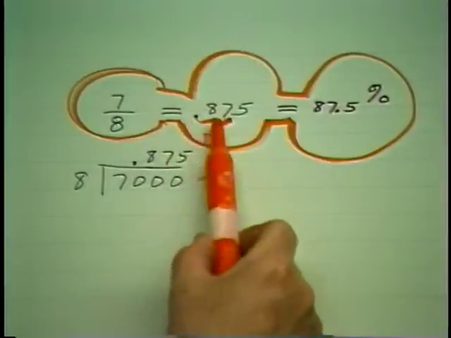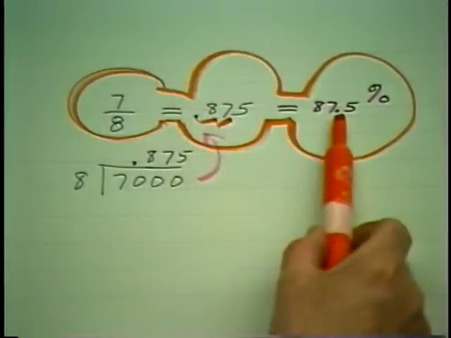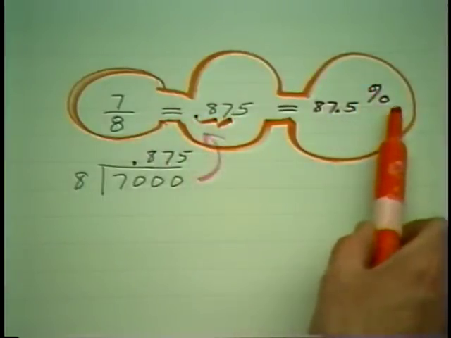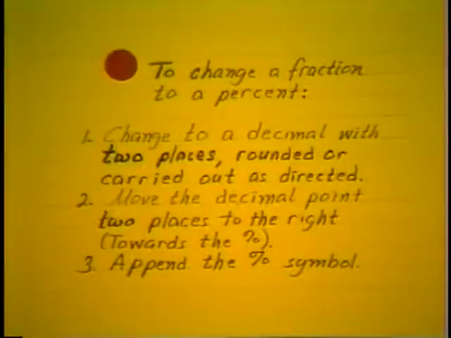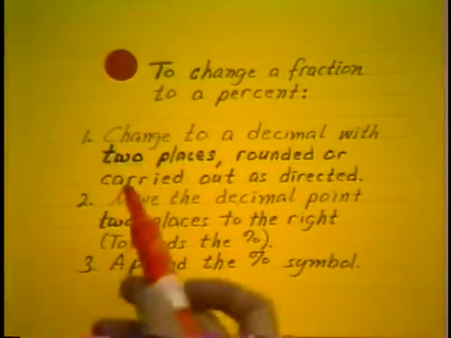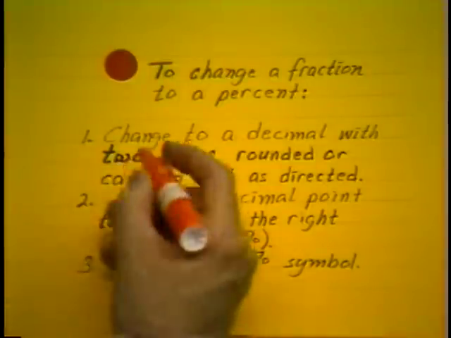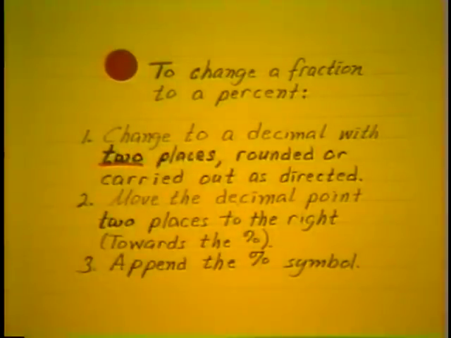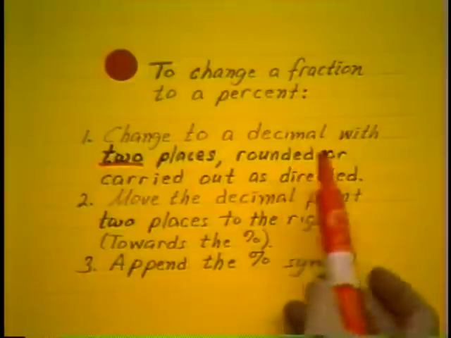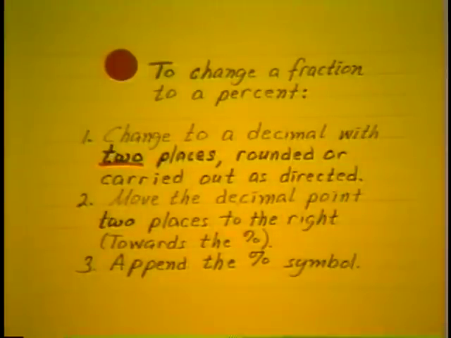Then move the decimal point 2 places to the right, stick the percent sign on, and you're done. Again, to change a fraction to a percent, change to a decimal with at least 2 places, rounded or else carried out as directed. Then move the decimal point 2 places to the right, that is towards the percent, and append the percent symbol.